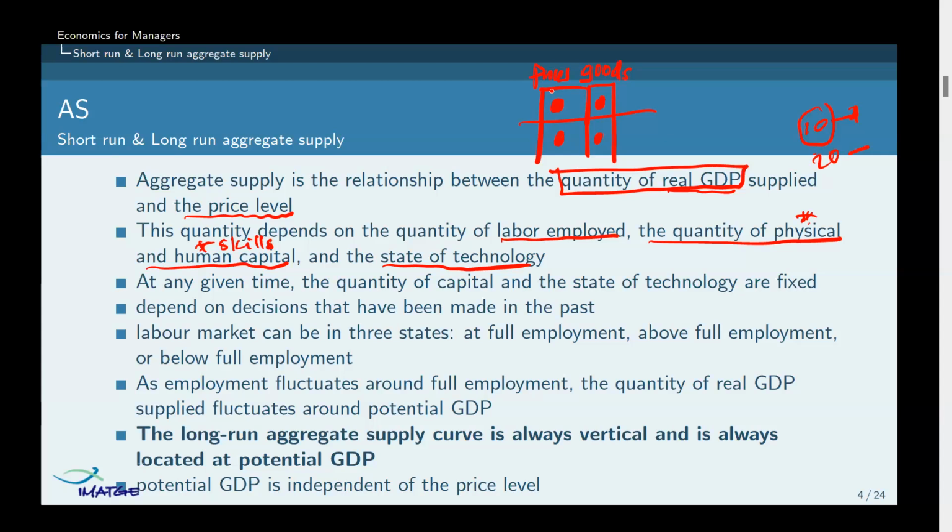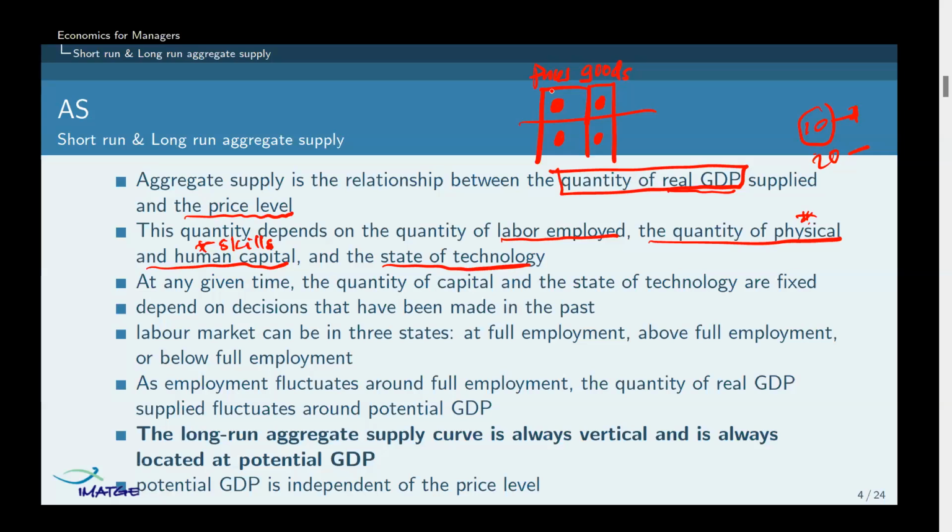Okay, so at any given time, the quantity of capital and the state of technology are fixed, right? Why do we say the state of technology or the quantity of capital at any given time is fixed? Because it depends on decisions that have been made in the past, right?